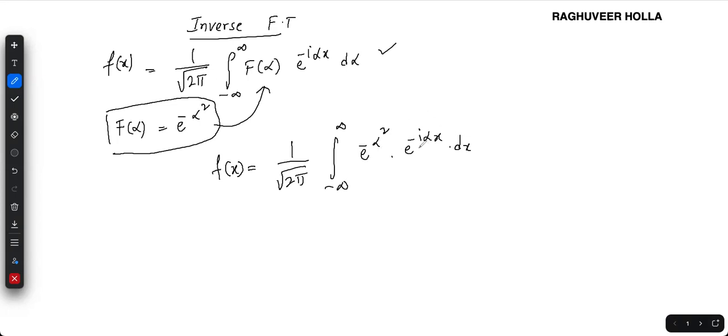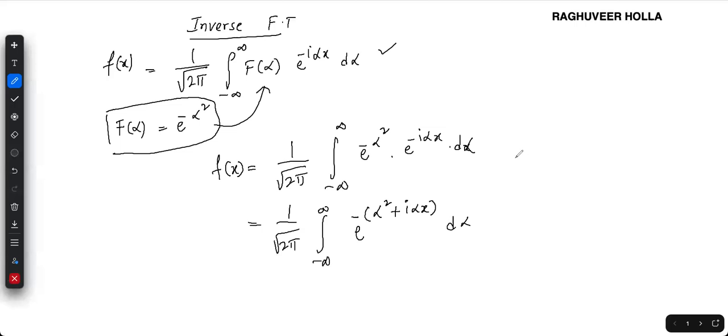So we can write this as 1 by root 2 pi integral minus infinity to infinity e to the power of minus, if you take outside, alpha square plus i alpha x, okay, into d alpha. Okay, so let us try to expand this.